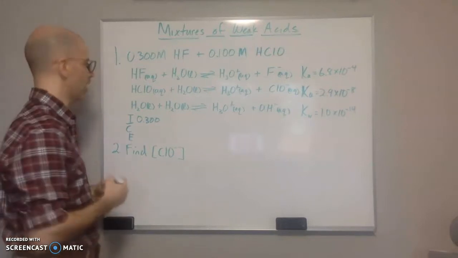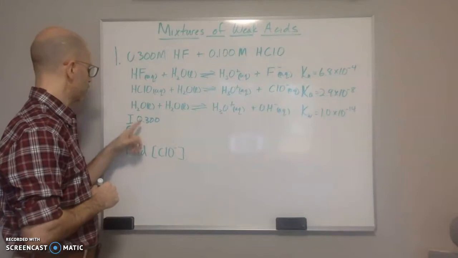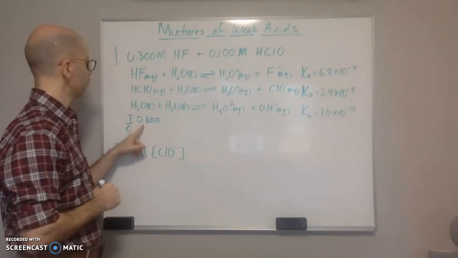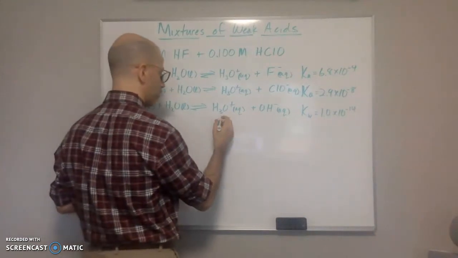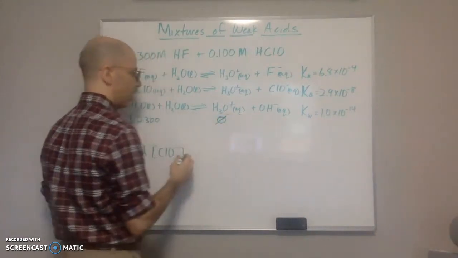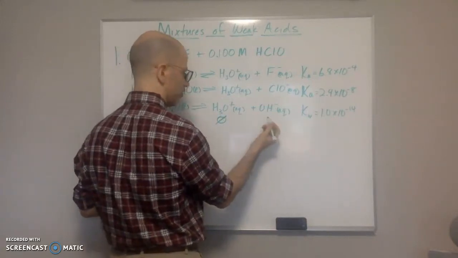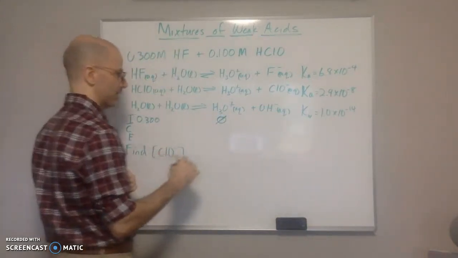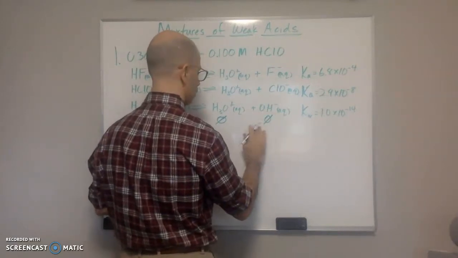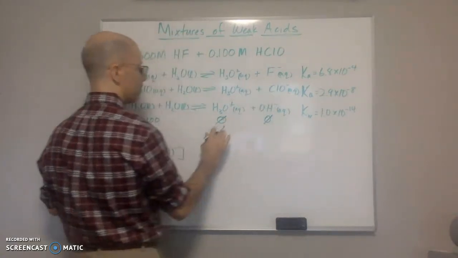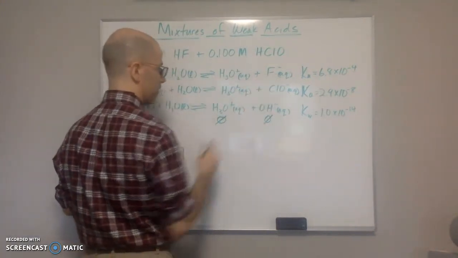Okay, so we start with 0.300 molar HF, and to start off, we have approximately 0 concentration of H3O plus. There is some in there, but it's practically 0, and we have 0 F minus.